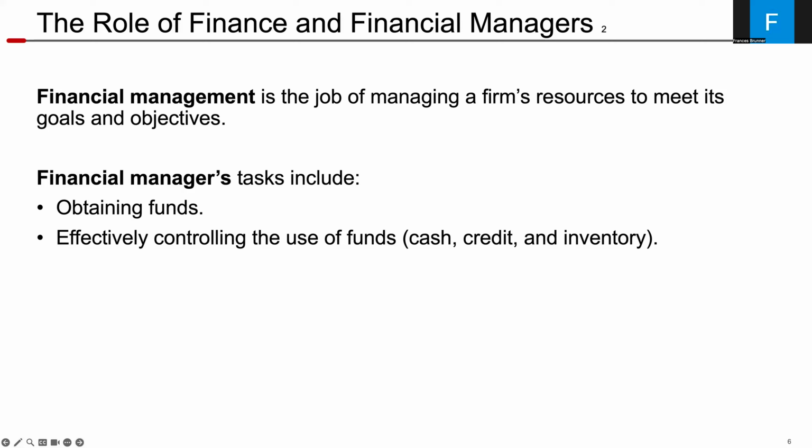One important thing to note is that financial managers need to understand accounting. In fact, many of them have accounting backgrounds, but they're not accountants. They use the information generated from accounting to make strategic decisions within the company.